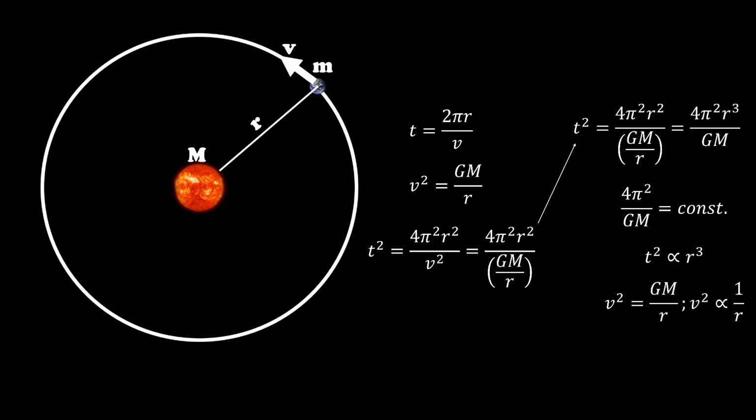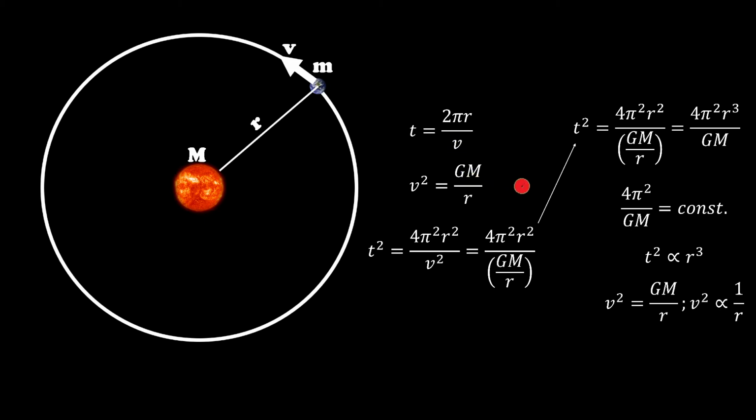So basically, when thinking about the time it takes for a planet to complete one revolution around the sun, that time T will be the distance the planet travels, which is 2 pi r, divided by the orbital speed v. So we know that v squared is equal to GM over r.